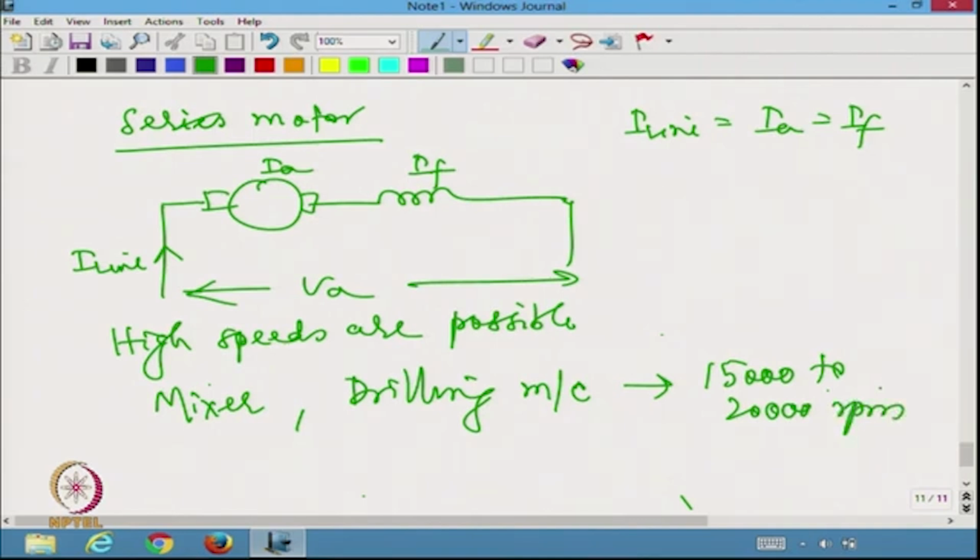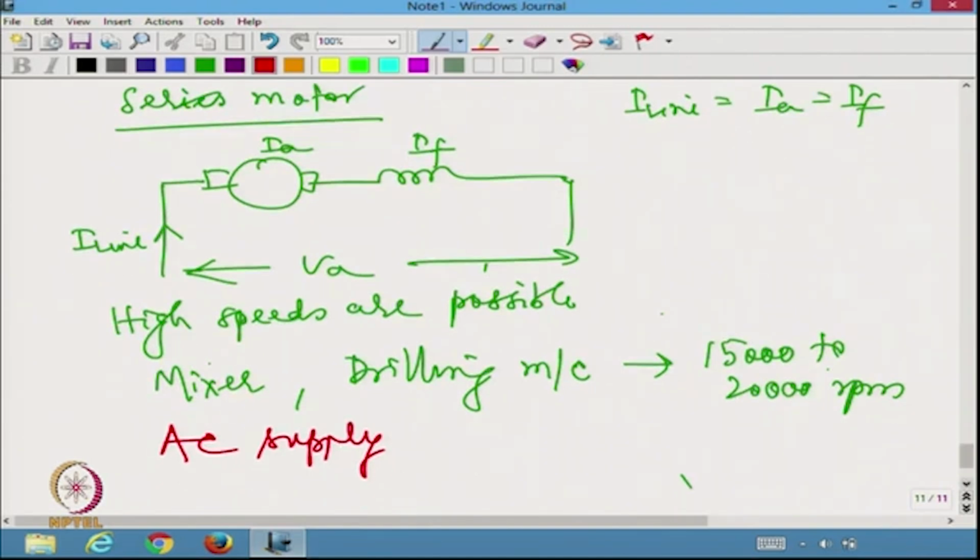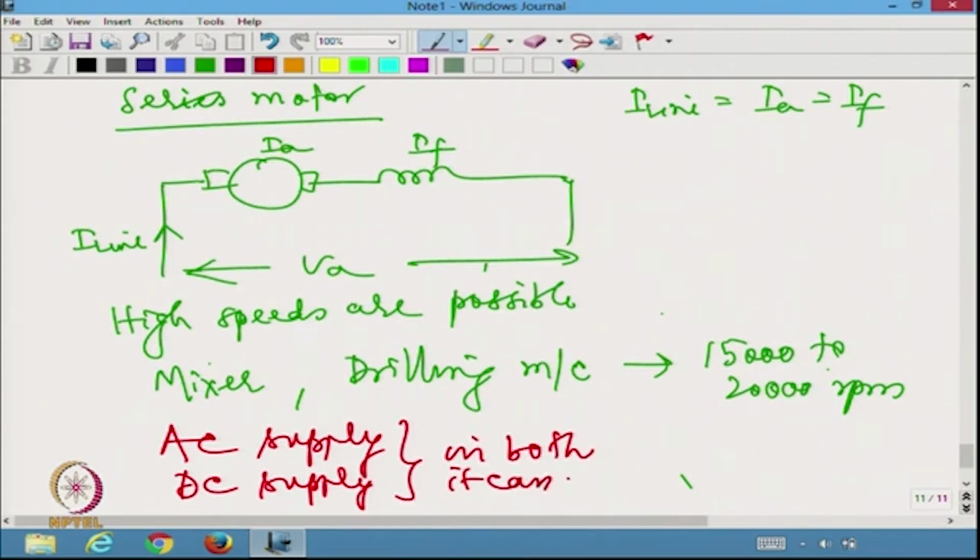But please note, at home what we have is AC supply, there is no DC supply. So, a series motor can work on both AC as well as DC supply. If it can work on both, then we call that a universal motor.